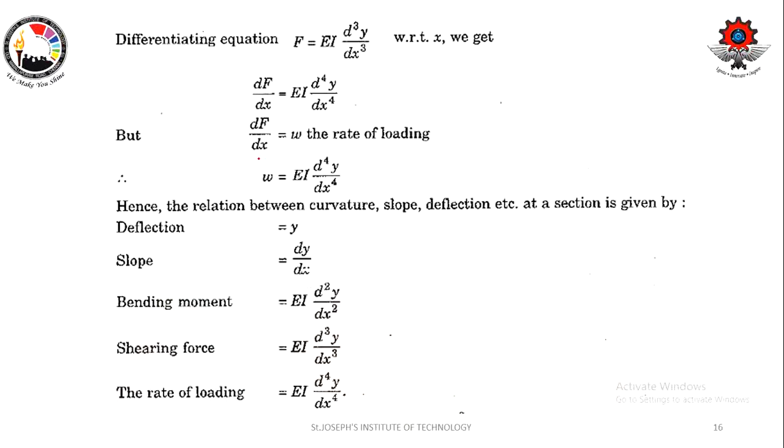So this is the derivation I wanted to share with you people. It is one of the important derivations which you are supposed to know to understand how these elastic curve equations are formed in the double integration method and Macaulay's method. Thanks for watching.